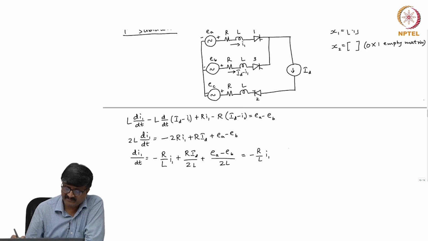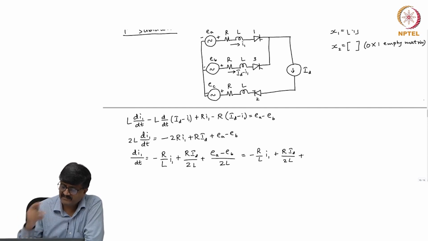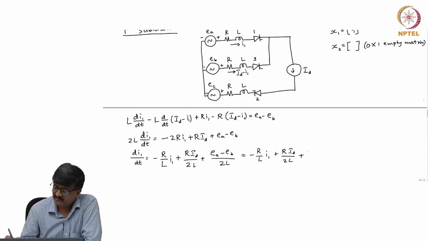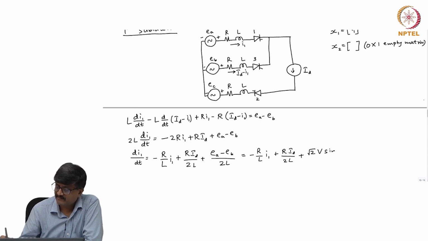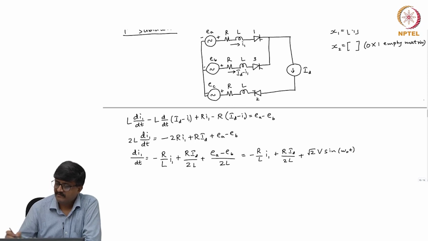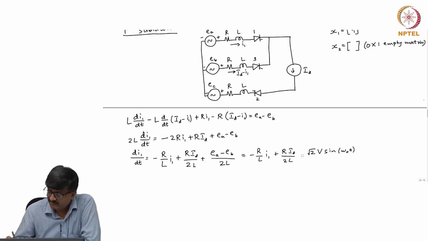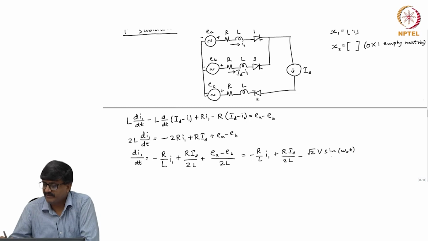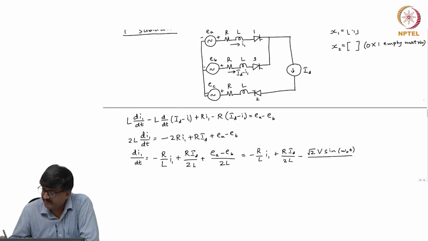The right hand side is minus R by L I1 plus R Id by 2L. EA minus EB is root 2 V sin omega o t with a negative sign. So, this is minus root 2 V sin omega o t divided by 2L.